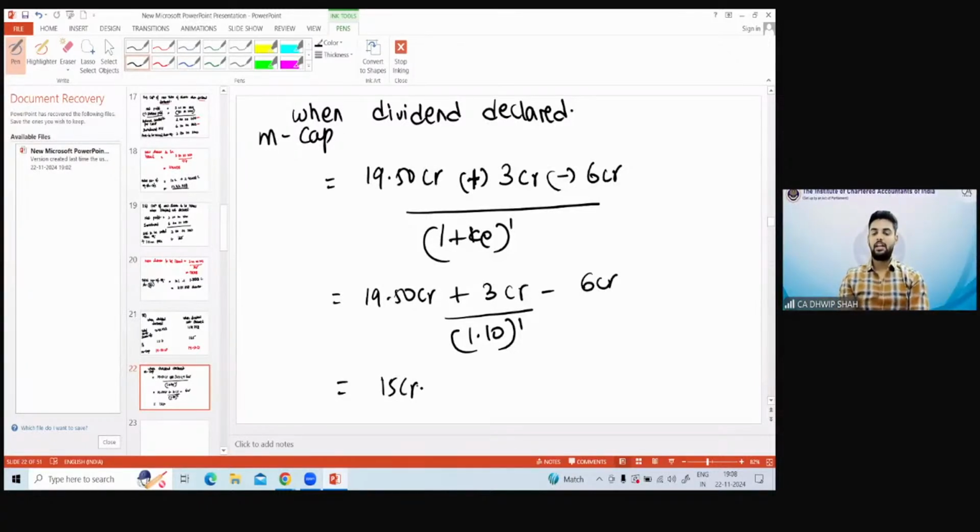When dividends were declared, this 19.5 was calculated.